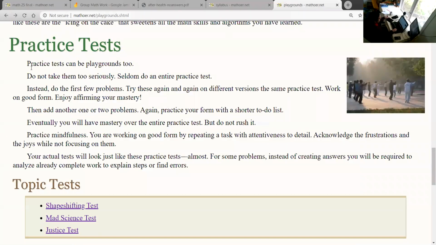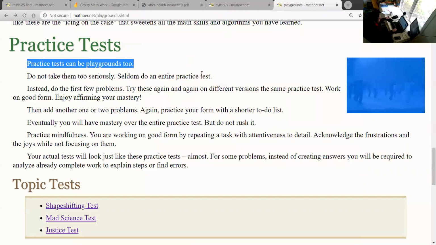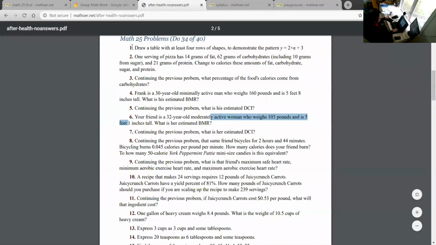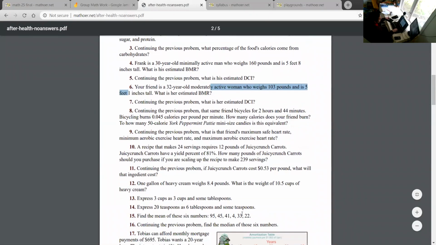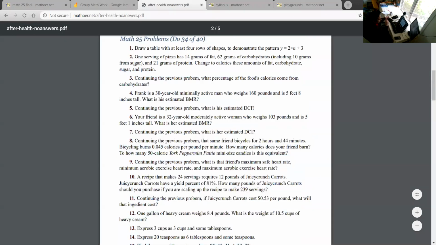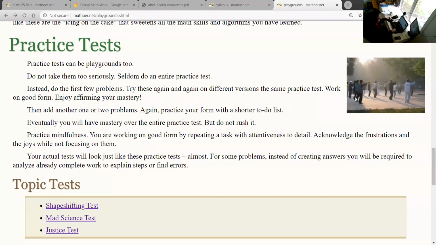This advice is good. Don't treat a practice test like some sort of boot camp where I'm going to sit down and try and do all the problems that we've learned, the first 15 problems, and like that. If I was teaching you a Tai Chi exercise, and I've thought of actually making a little video to do this, I probably will.